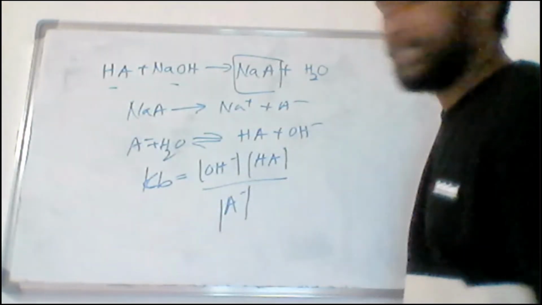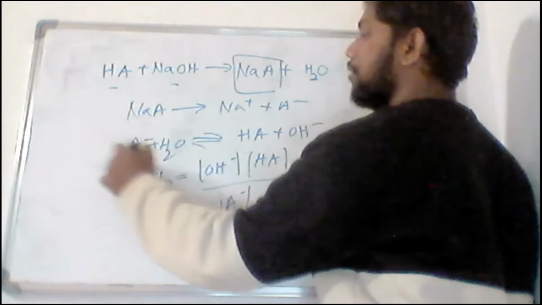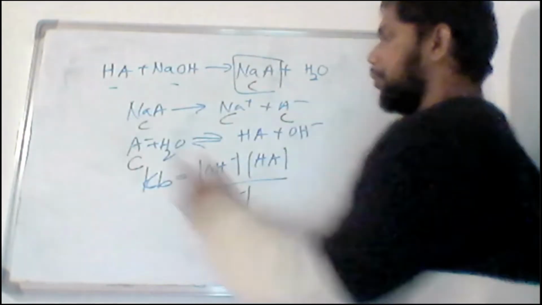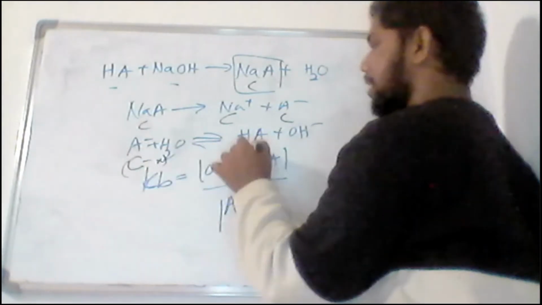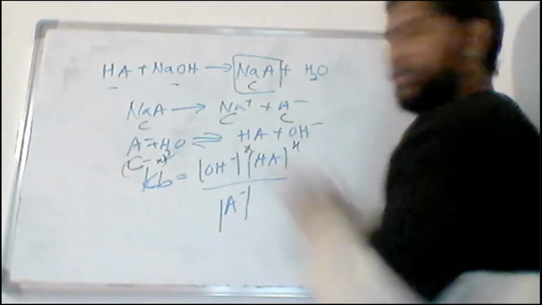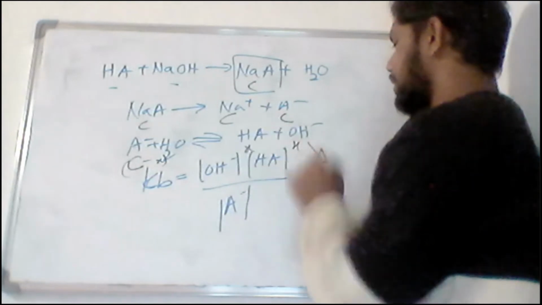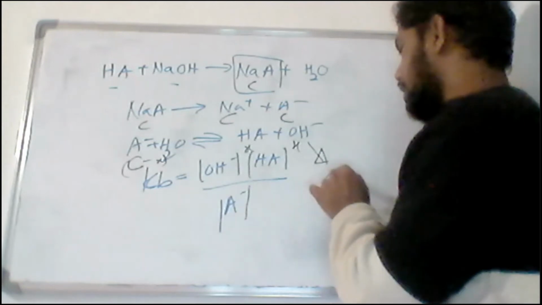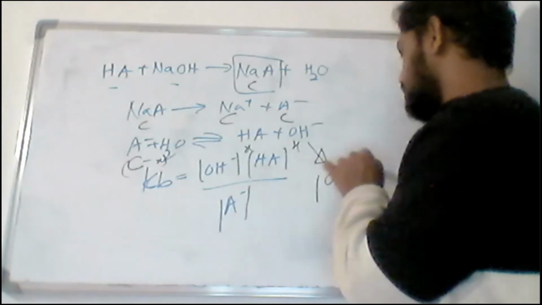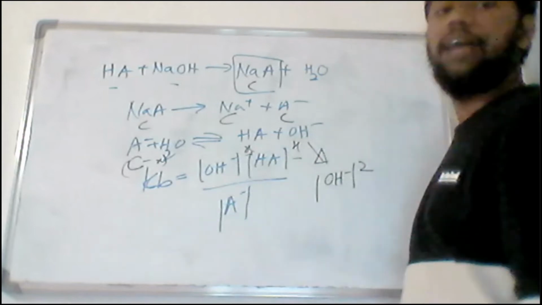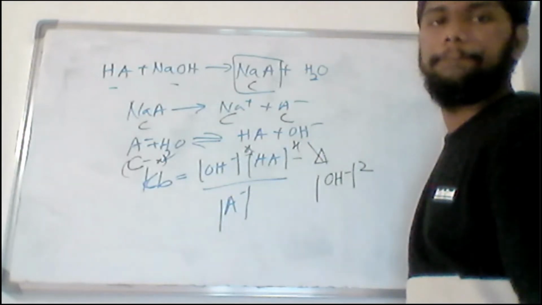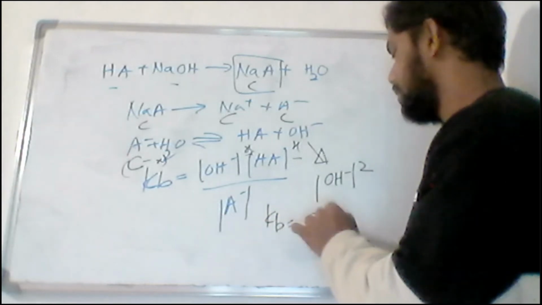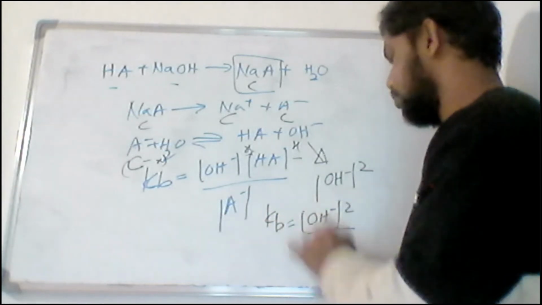If the concentration at the beginning was C, then this should be C minus X, and this is X, this is X. So in principle, instead of HA concentration and OH minus concentration, I can directly put OH minus concentration squared, because these concentrations are the same. So my Kb expression becomes OH minus squared over A minus.